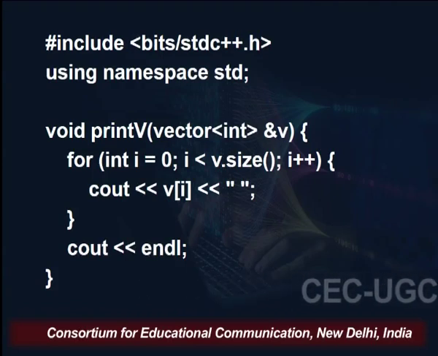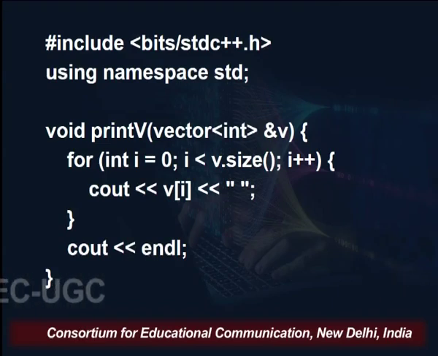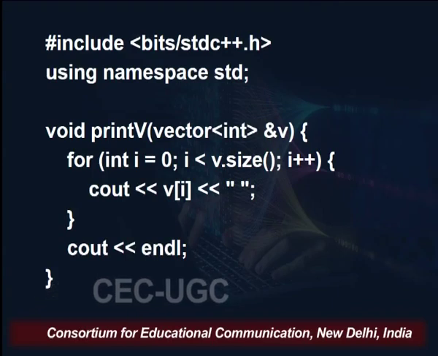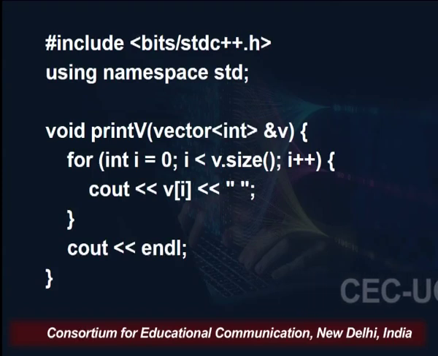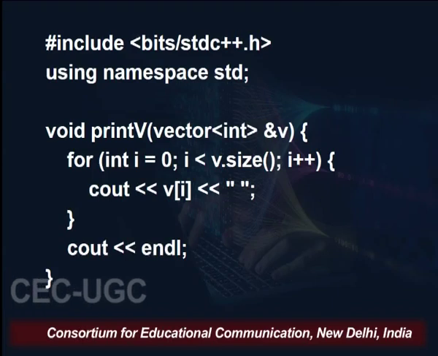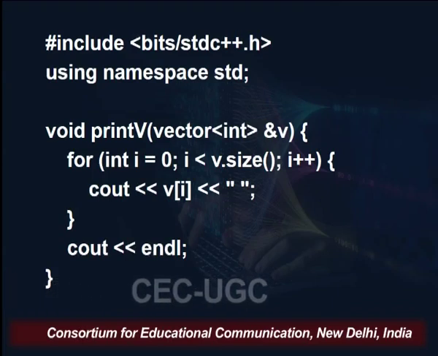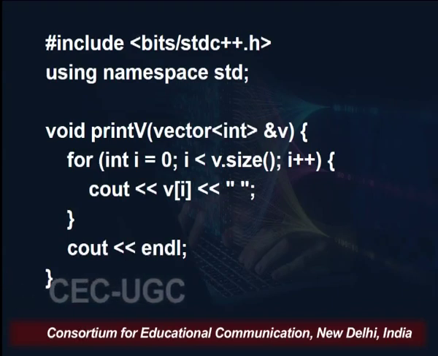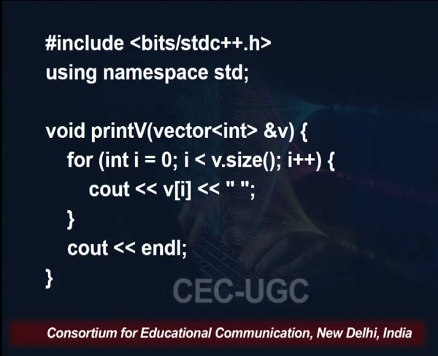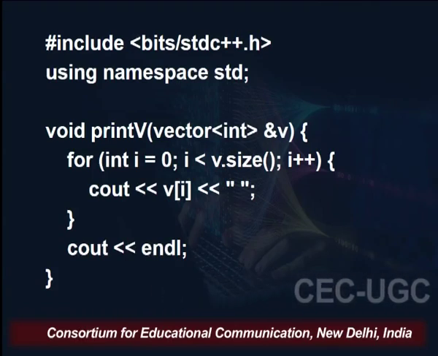And within this we have used for integer i equals 0, i less than v.size. Now v.size is a function which determines the number of elements of v. So from starting 0 to v.size, and this is the way the indexing of the vector takes place, as the indexing of an array takes place, that is from 0 to n minus 1, or size minus 1.